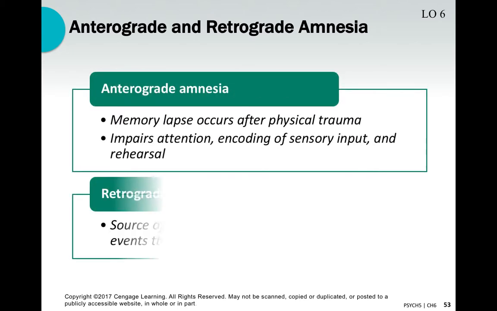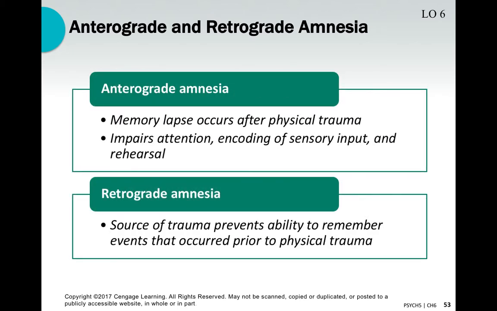We also have anterograde and retrograde amnesia. Anterograde is usually memory lapse right after a physical trauma, so you're having a tough time forming new memories. Retrograde is when you have a tough time remembering things right before or even further back from the trauma. Sometimes people can have a little bit of both, depending on the severity of the physical trauma to the brain.